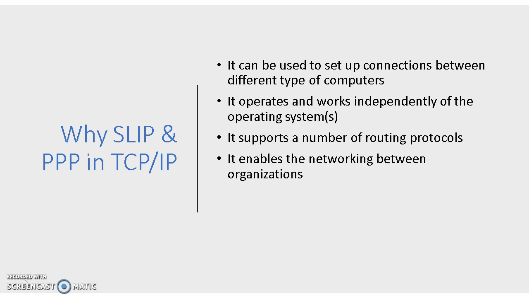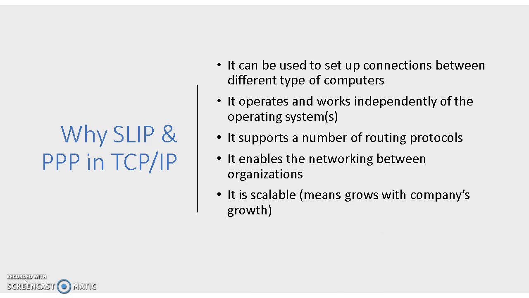It does enable networking between organizations because it does only have 2 ports. And the nice part about this protocol is it is scalable. It does mean that it grows with the company's growth. And it can use a client-server architecture, which is great for a company.